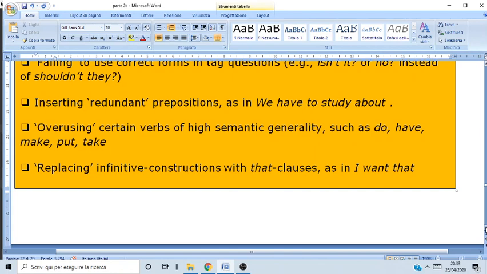You can hear something like, what we have to study about. Okay, so there's use of extra prepositions where they're not supposed to be.